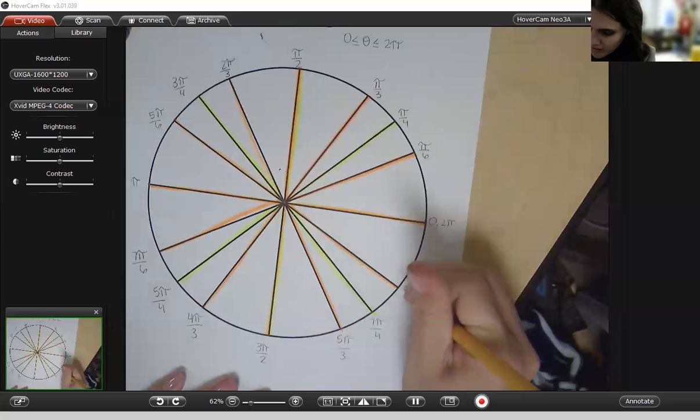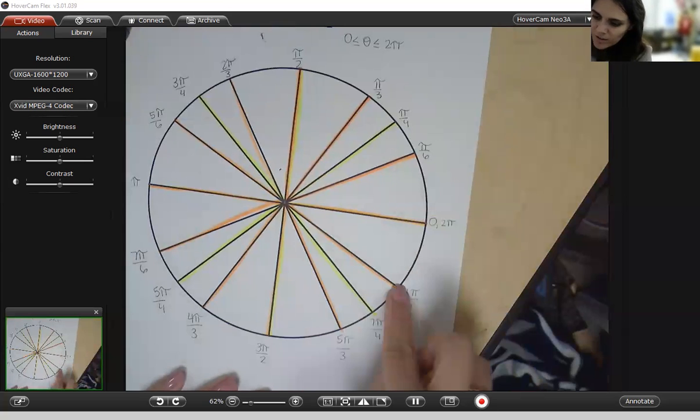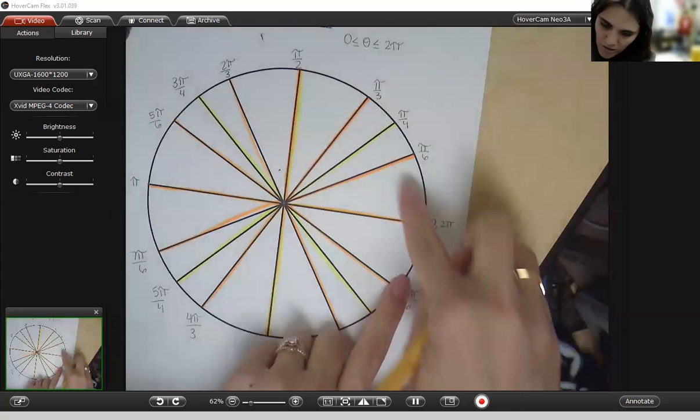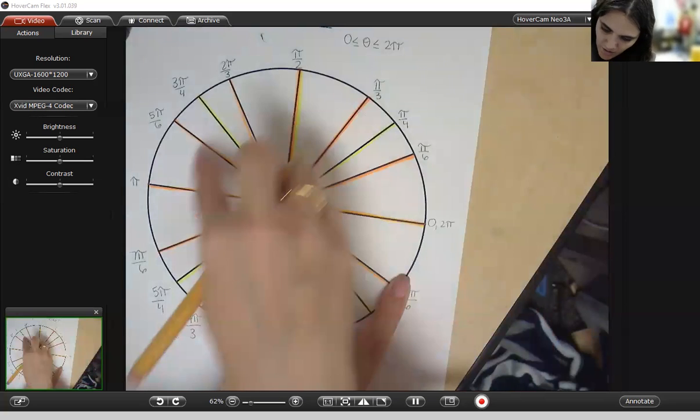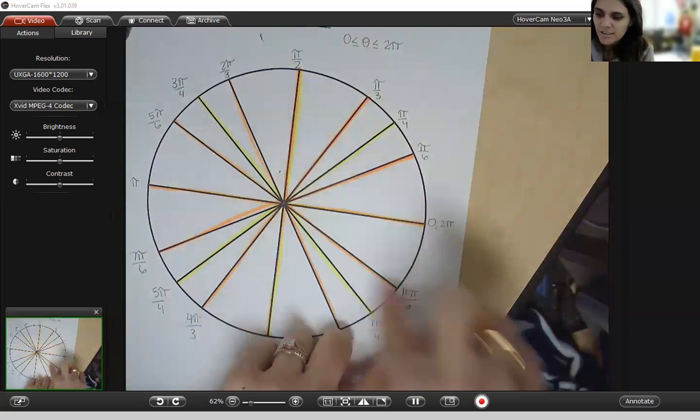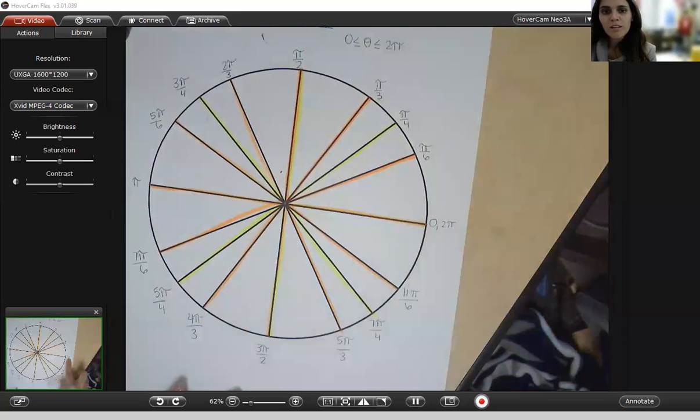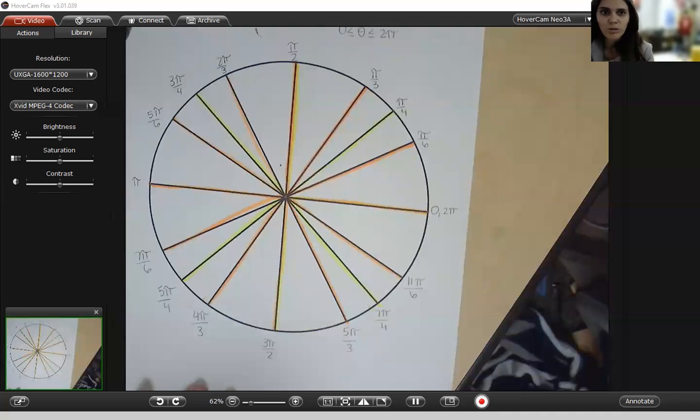And then 11/6. If I go here, I've done 1, 2, 3, 4, 5, 6, 7, 8, 9, 10, 11. I've done 11/6. And if I go here, I've done 12/6, which is 2 full pi.